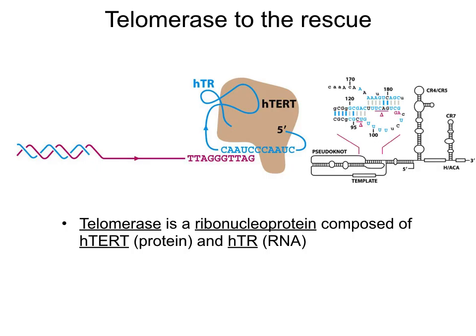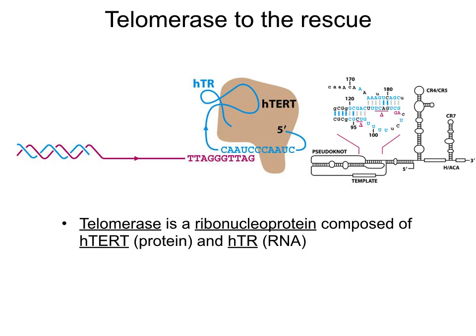If we actually look in a little more detail at that RNA subunit, it has a complex secondary and tertiary structure, and ultimately the important bit about telomerase is that there's a loop of telomerase RNA sequence that serves as a template for the DNA polymerase function of telomerase.